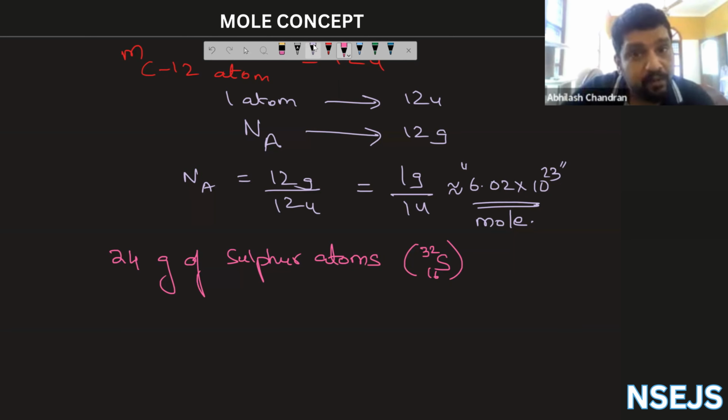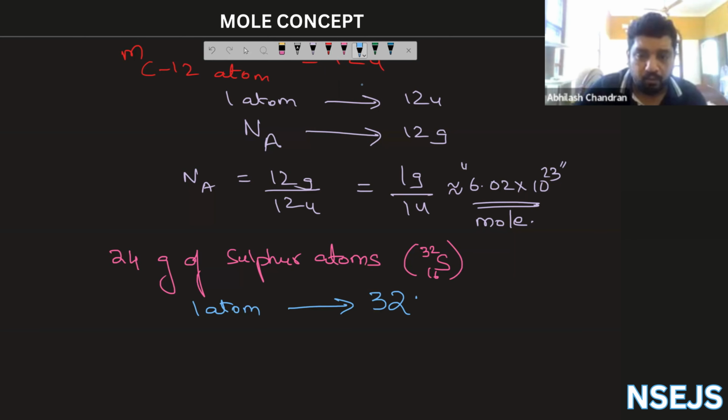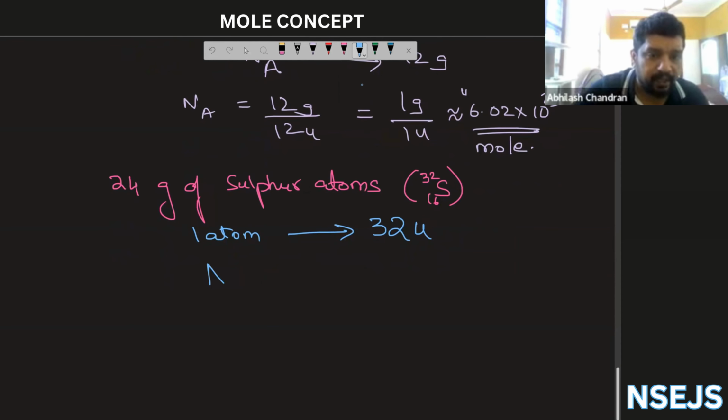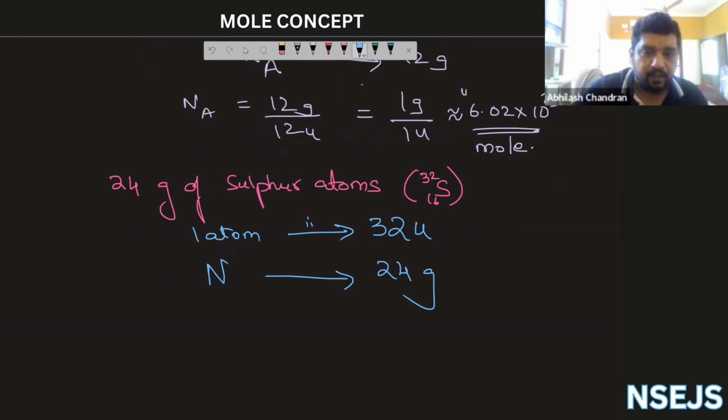How many atoms do I have? One atom of sulfur has a mass of 32 AMU. And how many atoms are there in 24 grams? This is the question.